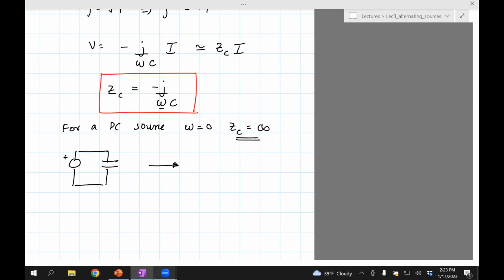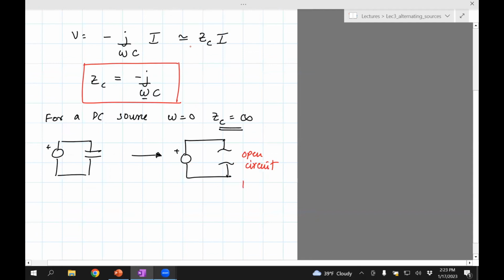Infinite resistance means it's an open circuit, and no current will flow. So this is an open circuit. Current is 0. So if you want a very high resistance in a DC circuit, you put in a capacitor. If you want a short, you put in an inductor. Okay, so this is the fundamentals of reducing a capacitor and inductor to an impedance.